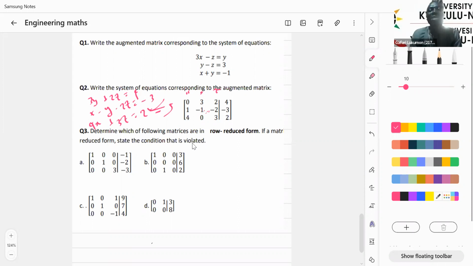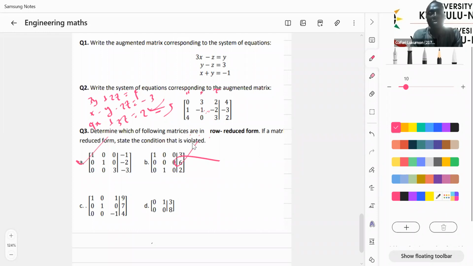Okay, look at this. Determine which of the following matrices are in row reduced form. If the matrix is not in row reduced form, state the condition that is violated. What condition is violated? You can see that this one is in row reduced echelon form, because don't forget I said you must have 1 here, 1 is here already.